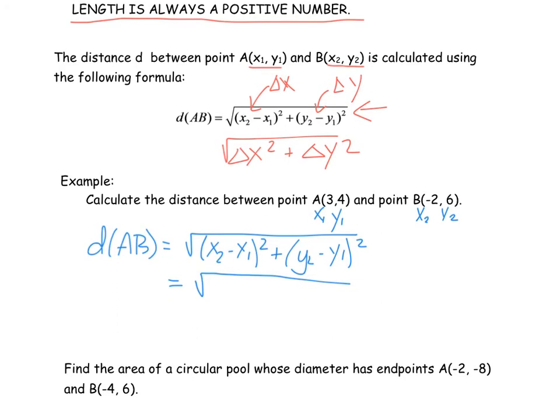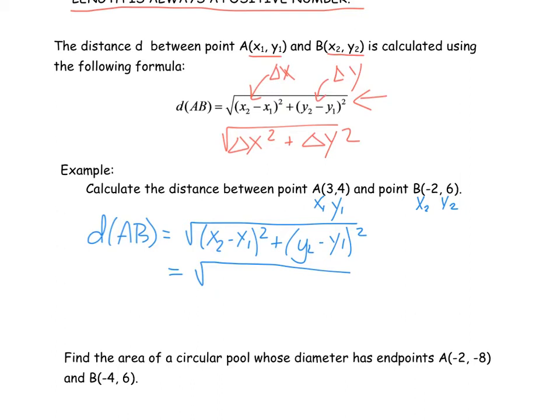My x2 is -2, and my x1 is 3, so minus 3 squared, plus my y2 is 6 minus 4 squared. Okay, so now you should use your order of operations to solve.